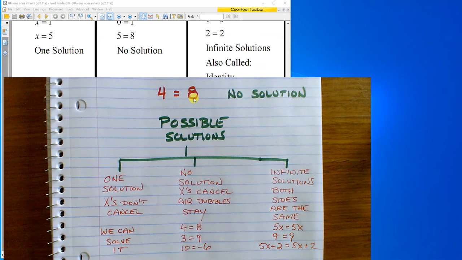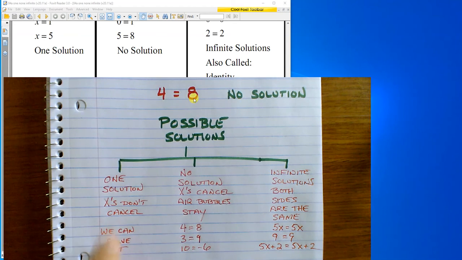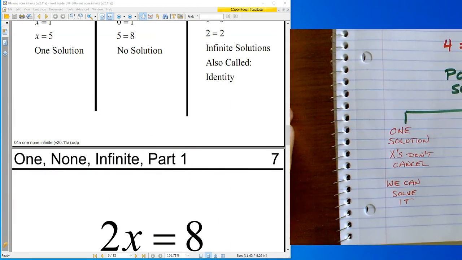In previous lessons when we did this, you just had to say one, none, or infinite. Now you have the skill to actually solve the one solutions. So if it's a one solution, you're not just going to say one solution, you're going to find the one solution. You're going to say it's a one solution and find it.